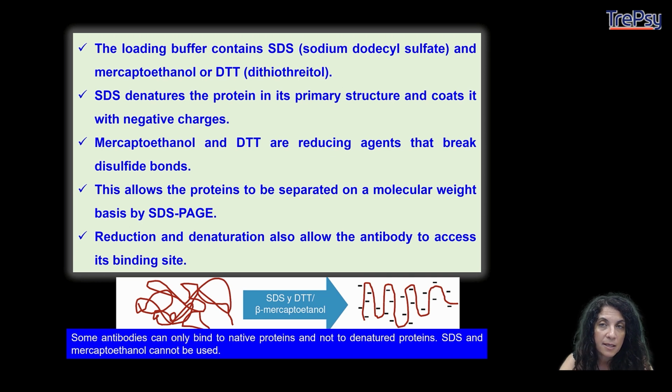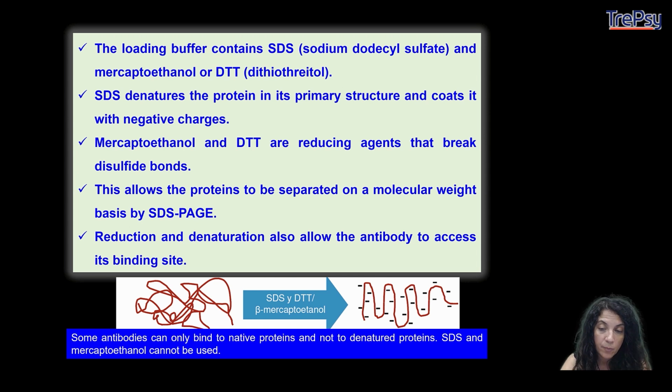This is very important. Then we have mercaptoethanol and DTT, which are reducing agents that break disulfide bonds.